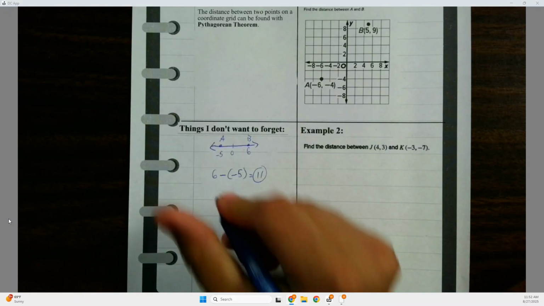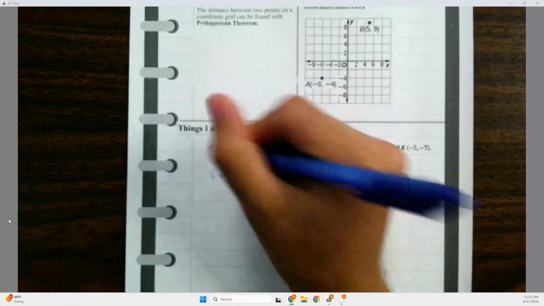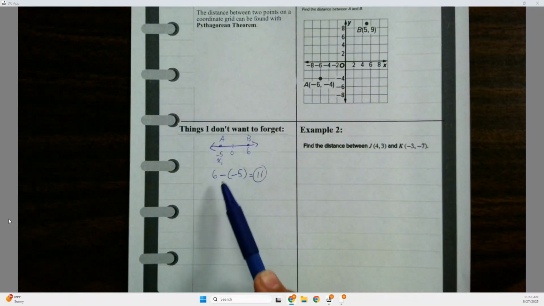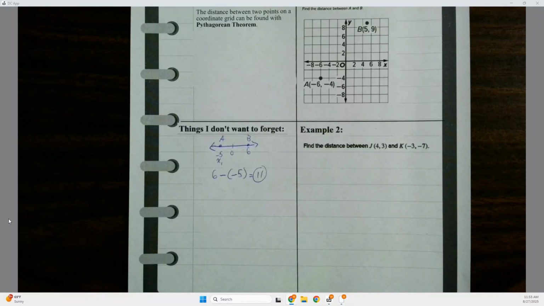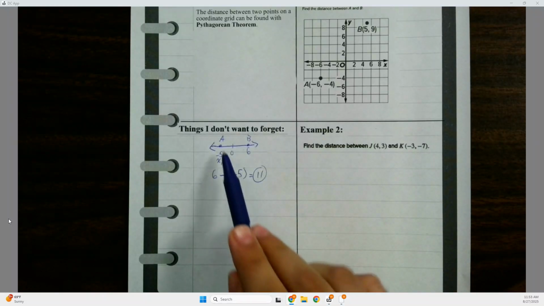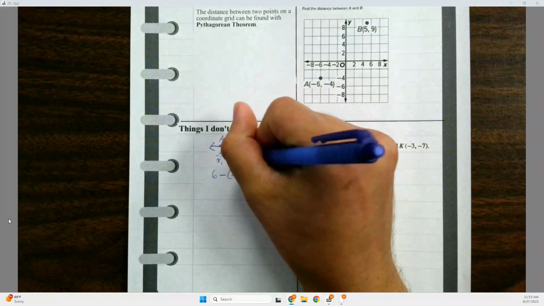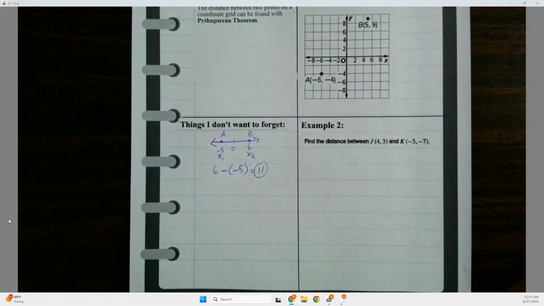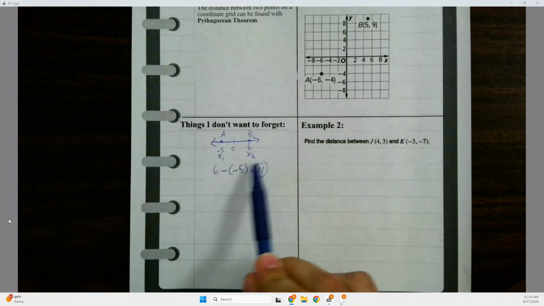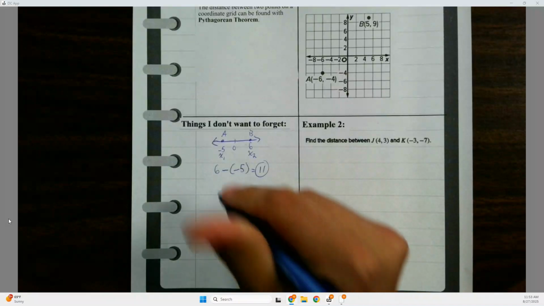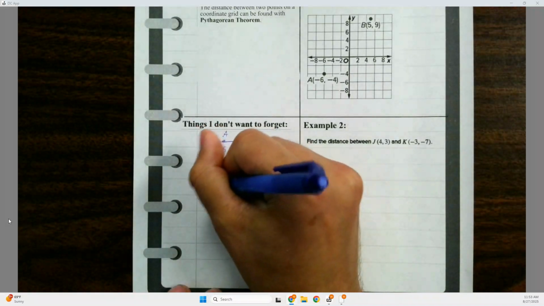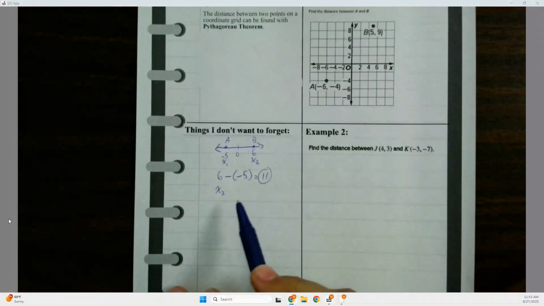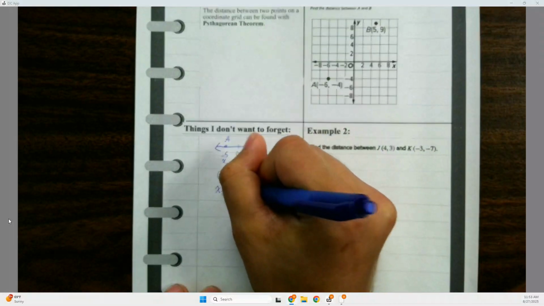And what this tells us, if we have our first number, I'm just going to call that x1, that's just our starting point, and we're going to our ending point here, x2, then we know that the distance between these points, x1 and x2, can be written as x2 minus x1.